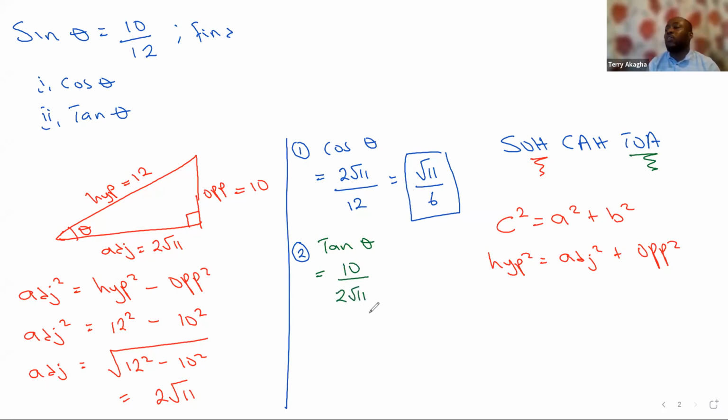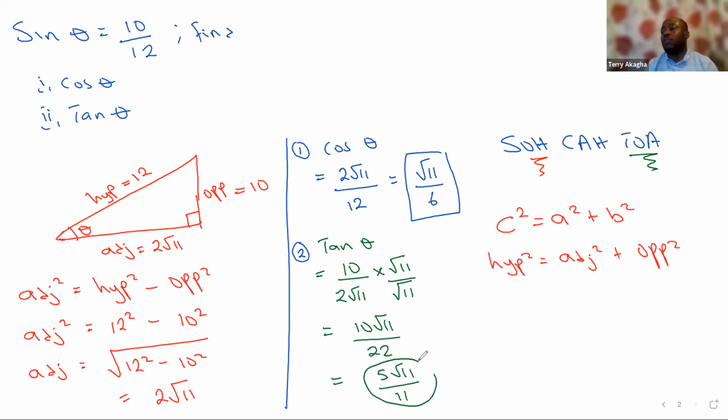Remember, I explained to you earlier, you can't leave your answers with surds at the denominator. So to get rid of it, you multiply both sides by root 11, rationalizing the denominator. That will give you 10 root 11 divided by 22. When you simplify that, it's going to be 5 root 11 over 11. And that will be the answer for that.